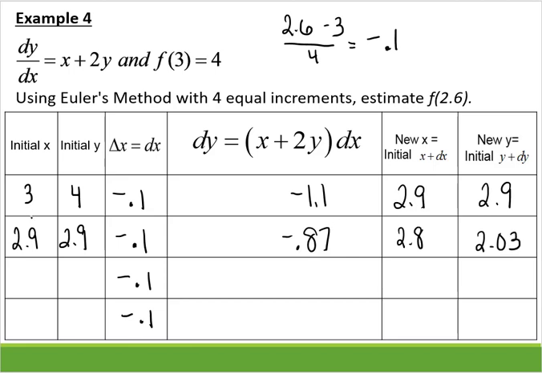So again, I'm just plugging in this x and this y into my differential equation times negative 0.1 to get these values. I just don't want to bore you with that work.